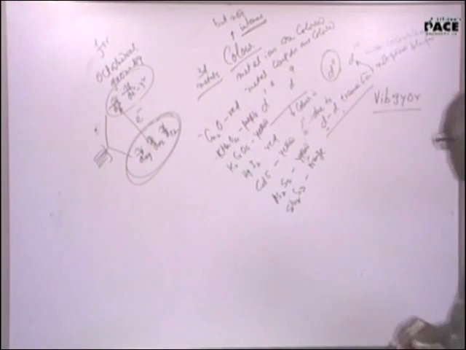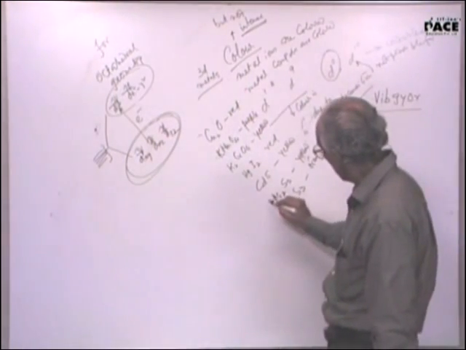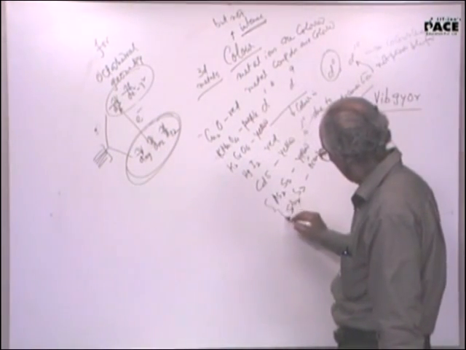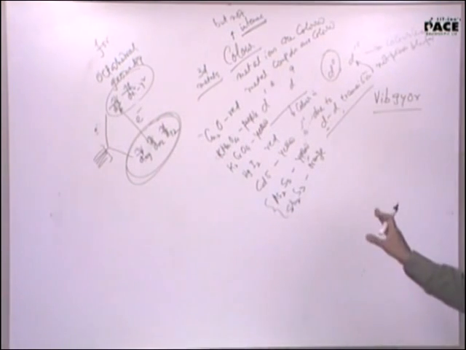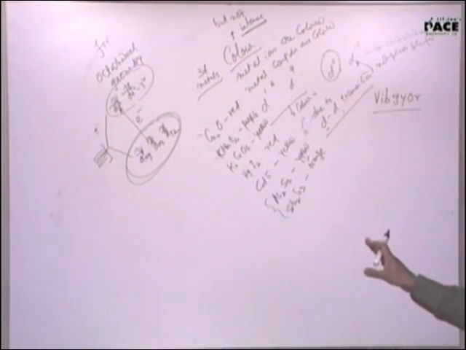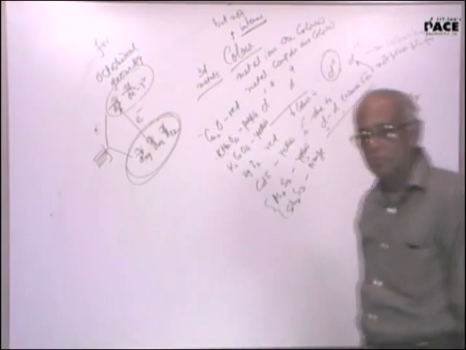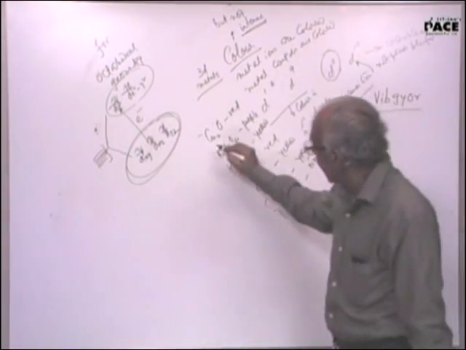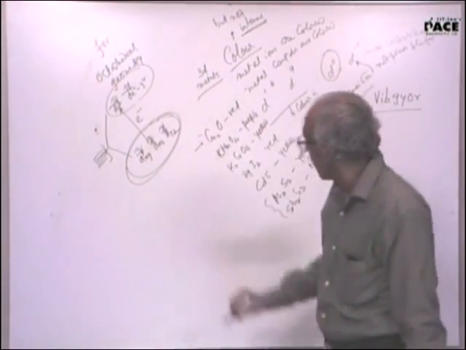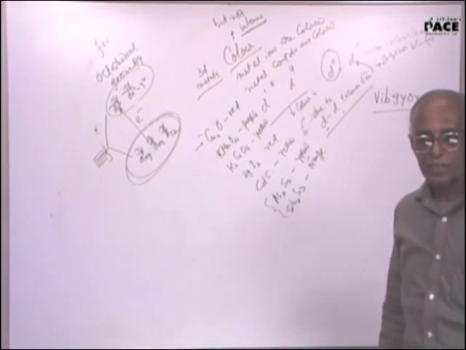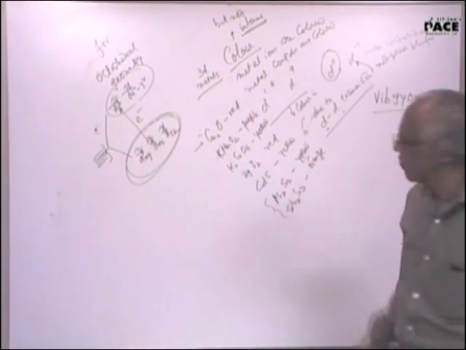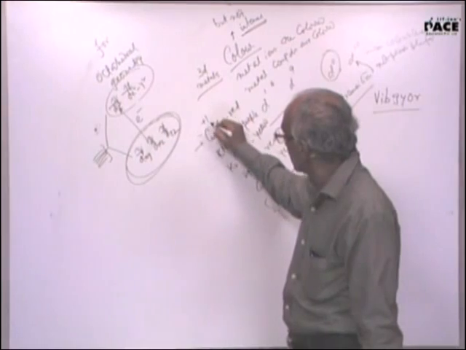Okay? They are representative elements, non-metals or metalloids. But they are metals. Now, what is the oxidation state of copper in cuprous oxide? +1.